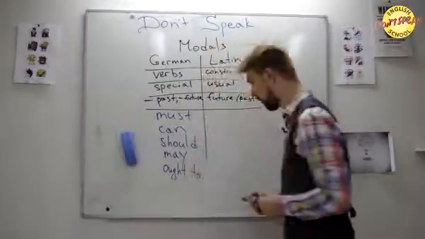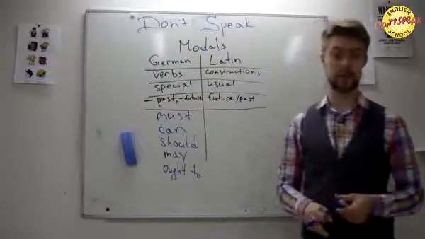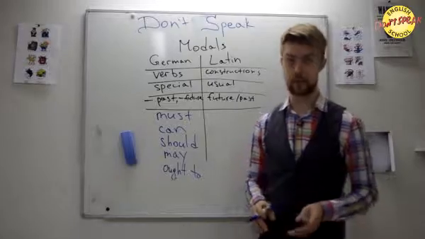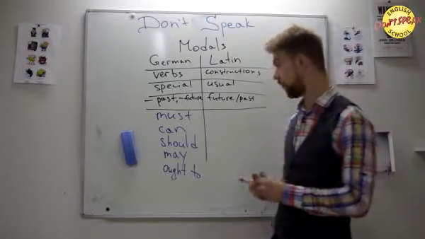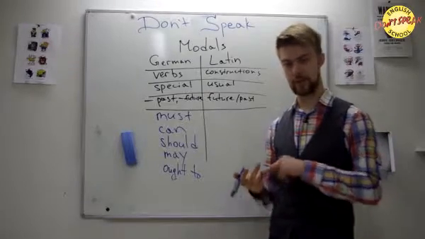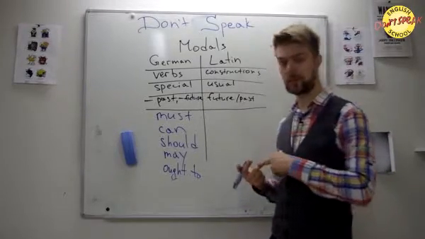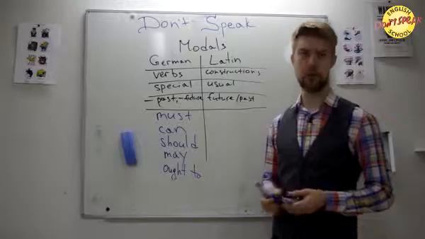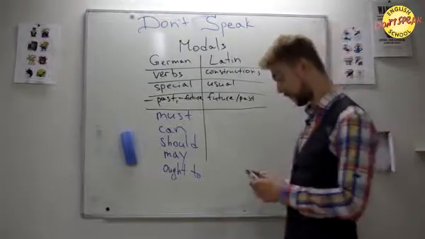So, must, for example, is the most typical example of all this stuff, because it doesn't have a future form, it doesn't have a past form, and it always plays its special role, the role of an auxiliary verb, in a sentence.